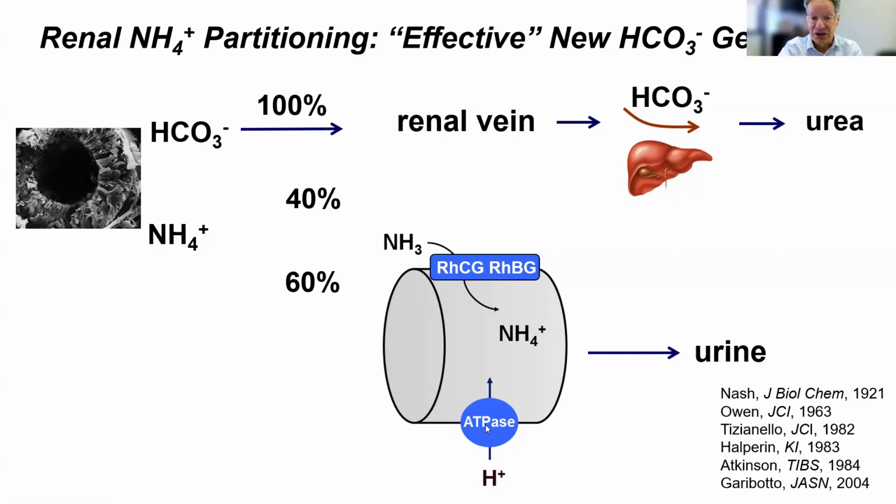We need to acidify the collecting duct lumen in order to create a gradient for NH3 to enter and be converted to NH4+. So we don't have all the ammonia that's made go into the urine. You might think that would be the best system, but we have 60% of it. So we lose about 40% of that bicarbonate that we made in the formation of urea. So it's not a perfect system, but we get rid of the majority.